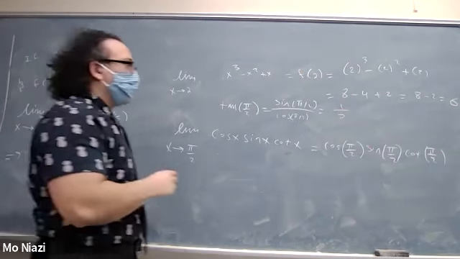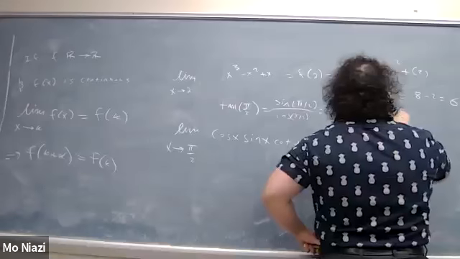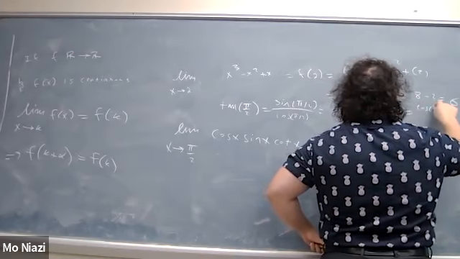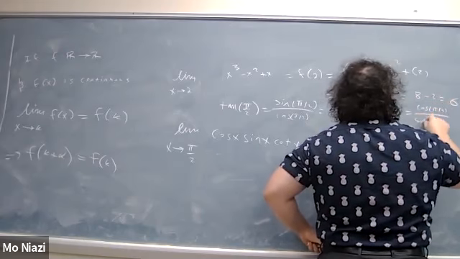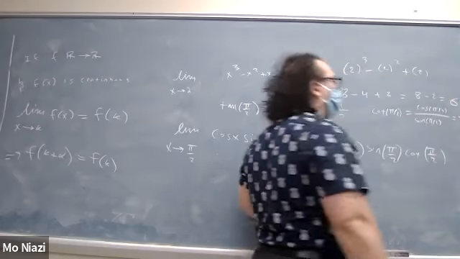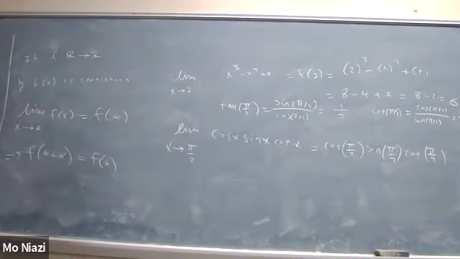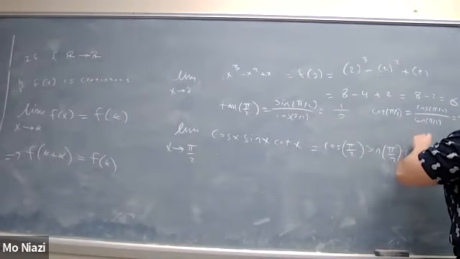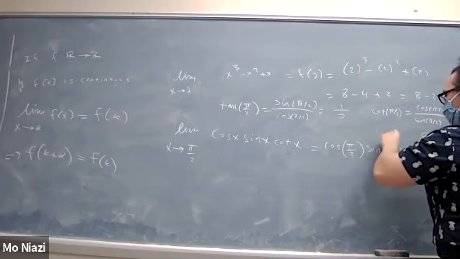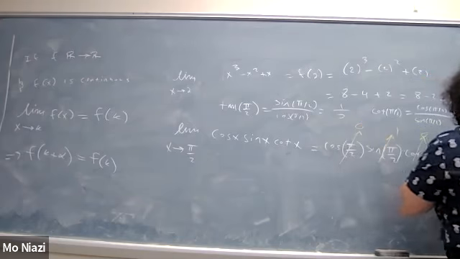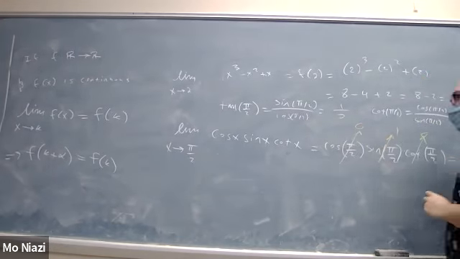But cotangent works, because cotangent of pi over 2 is cosine of pi over 2 over sine of pi over 2. This is 0 over 1, and 0 over 1 is okay. 0 over 1 is 0. So this reduces to a 0, this reduces to a 1, this reduces to a 0. So our overall limit evaluates to a 0.